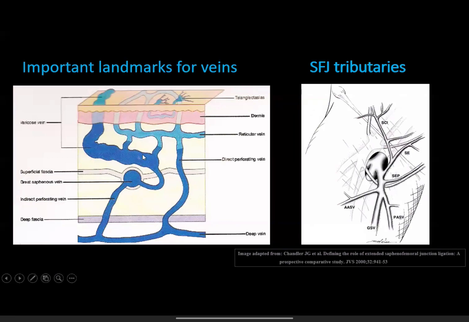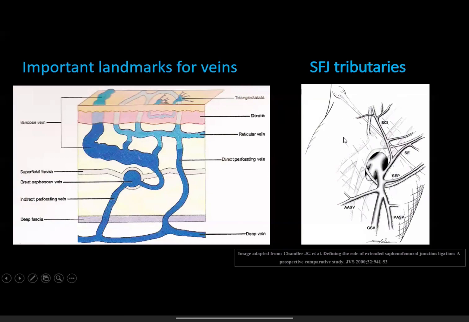They join to form and drain into the main superficial veins, which are these 2 important veins, that is the great saphenous and small saphenous veins, which lie basically in the sheath of the superficial and deep fascia. And then these veins drain to the deep venous system via indirect perforators, which we have already seen. There can be chances of a reticular vein directly joining the deep vein through a direct perforating vein.